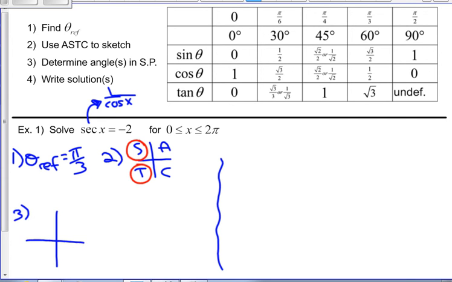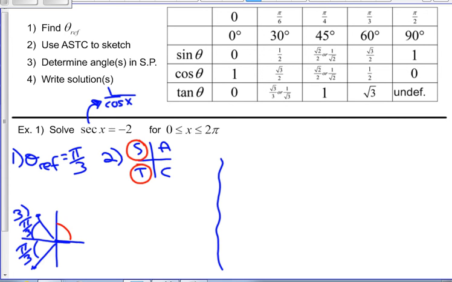Now let's go and sketch. So pi over 3, this isn't a great sketch. That should be a little taller. But it really doesn't matter how good our sketch is. Pi over 3 and pi over 3. We need to find the measures of those angles in standard position.